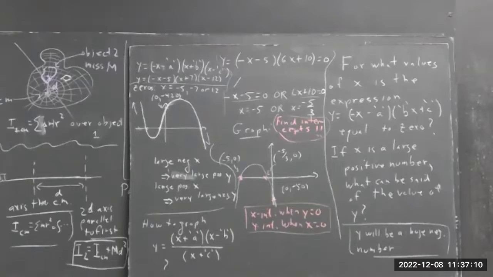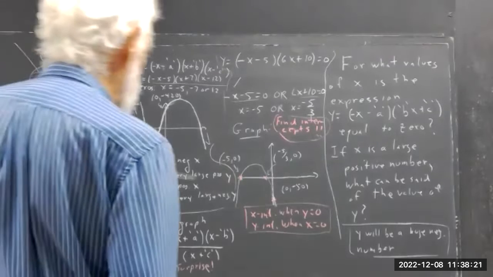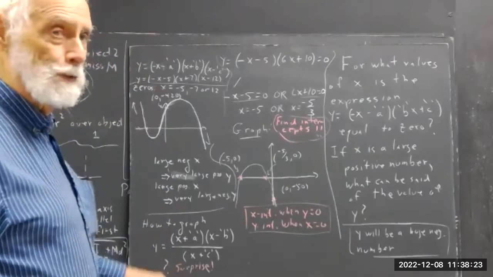What's the first question we're going to ask? Okay, so we got the answer. Well, the denominator can't be 0, and that's right, but that's not our surprise.